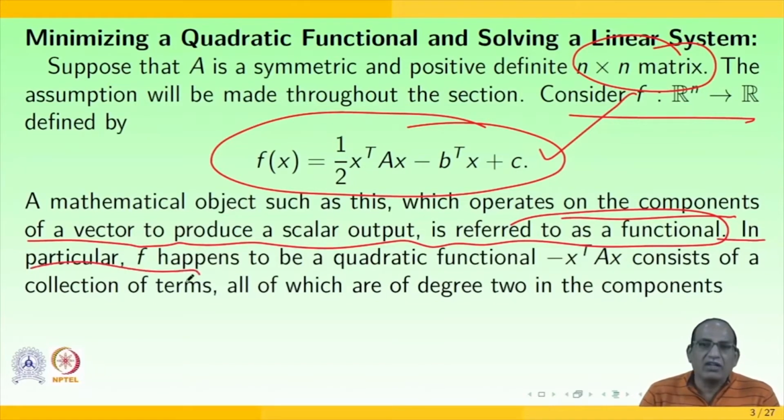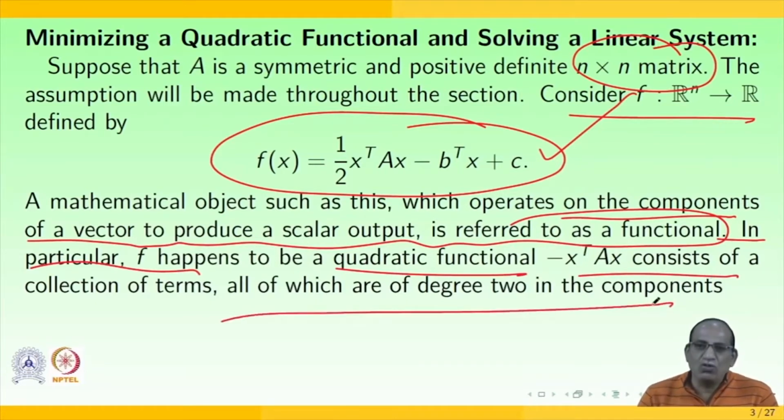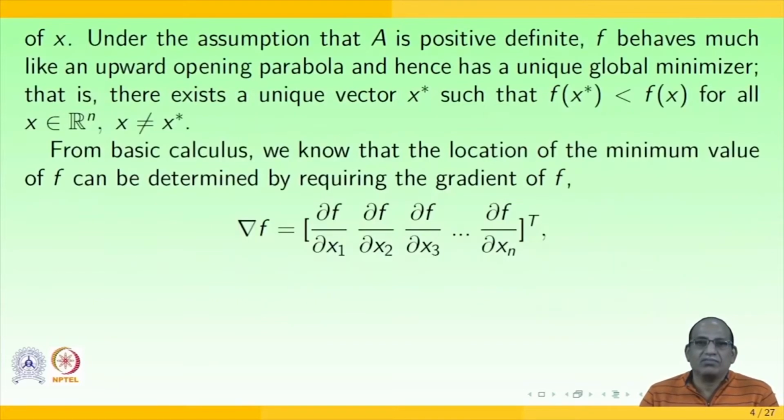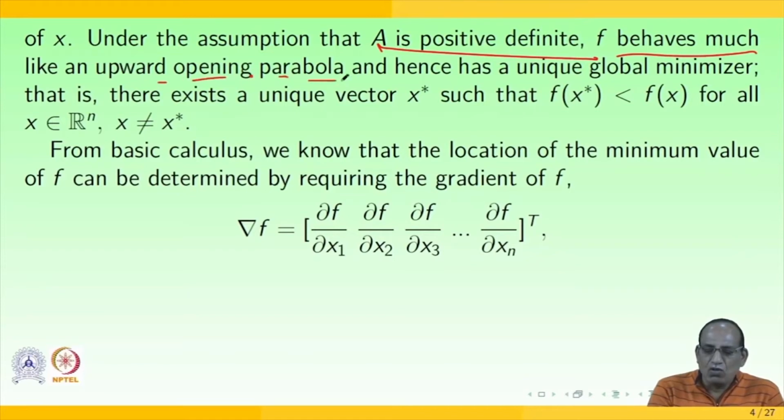In particular, F happens to be a quadratic functional. The term x transpose Ax consists of a collection of terms, all of which are of degree 2 in the components of x. Under the assumption that A is positive definite, F behaves much like an upward opening parabola and hence has a unique global minimizer.